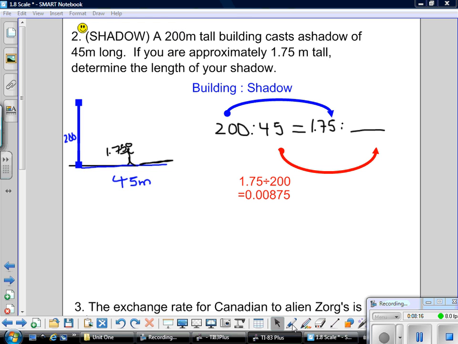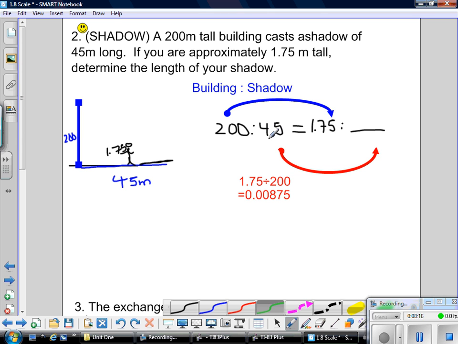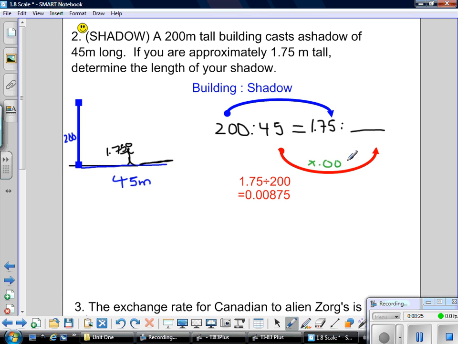So that's what we would do. And so we would go 45 times the decimal 0.00875. And when we do that, and let's just bring up our calculator again, so clear it.